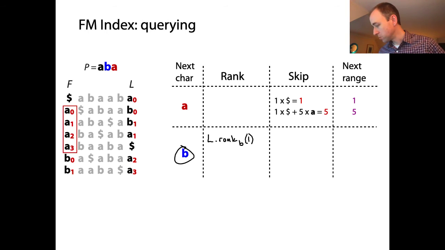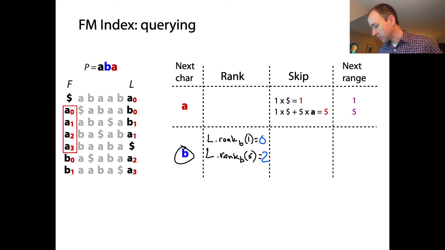Draw it in blue. Now let's think about the other rank query, the one for the bottom. Rank sub B at offset 5 now, at this row, one past the bottom of the range. So what's the rank sub B here? Well, it's 2. There were 2 B's prior to that. And so the next range of rows is going to be in the B section.